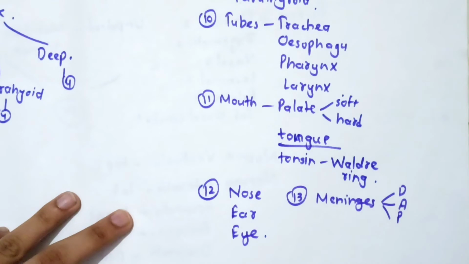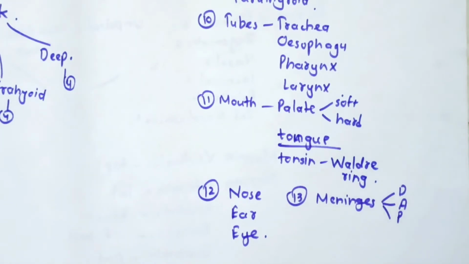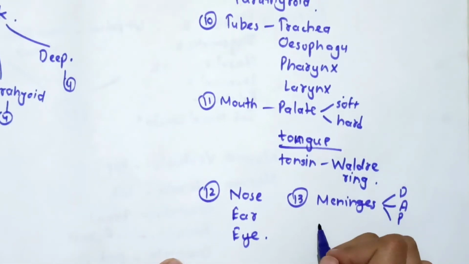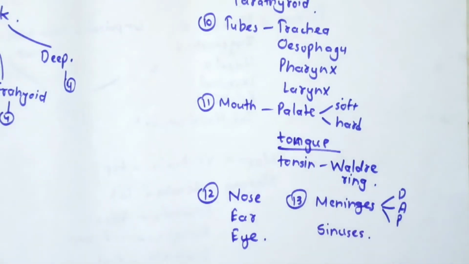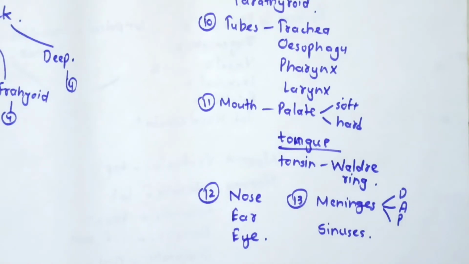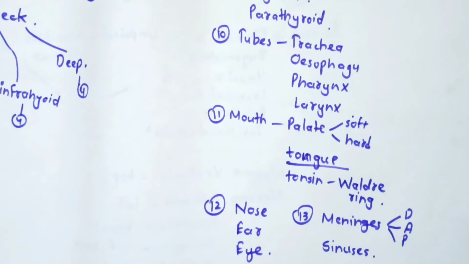Then the folds that these meninges form and all those structures we have to study. Then we have to study about the sinuses, the drainage system of brain. So these are all the structures and these are the topics which we will be covering in our next videos. So this is an introduction of head neck.